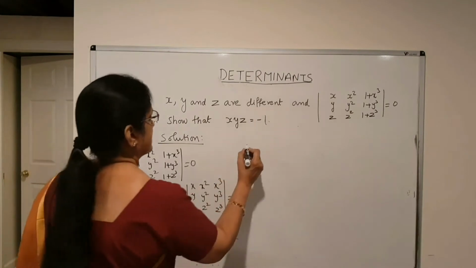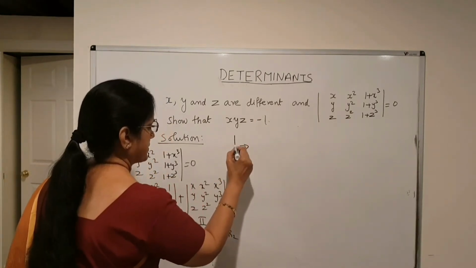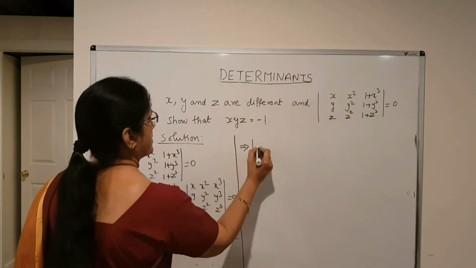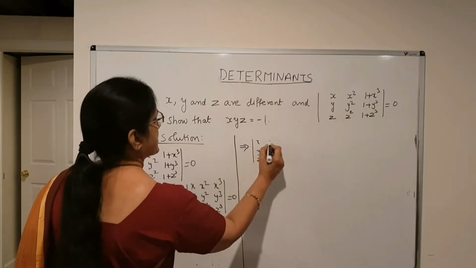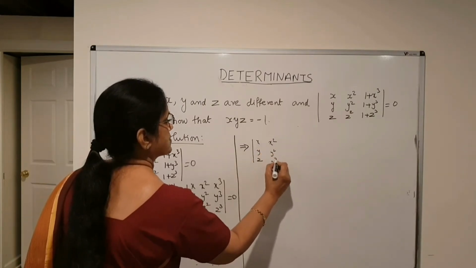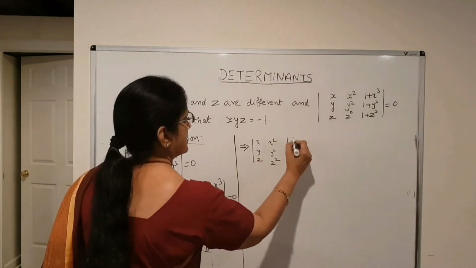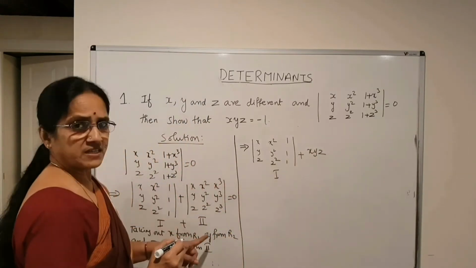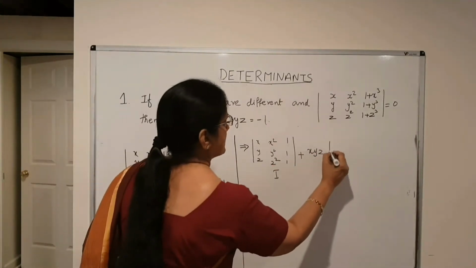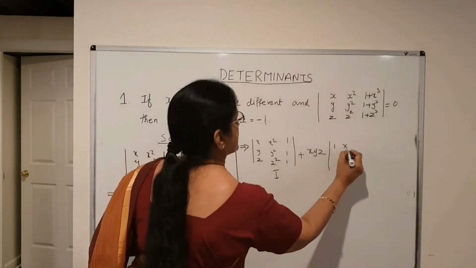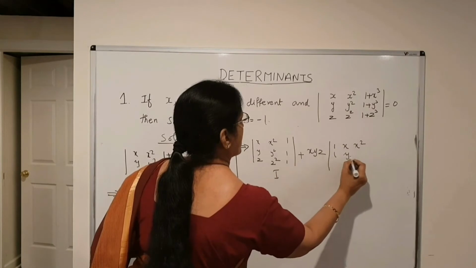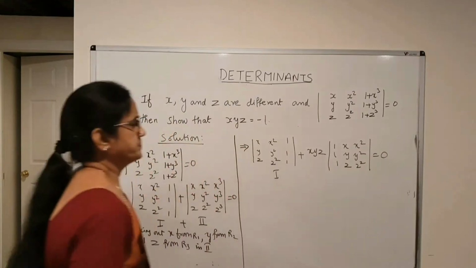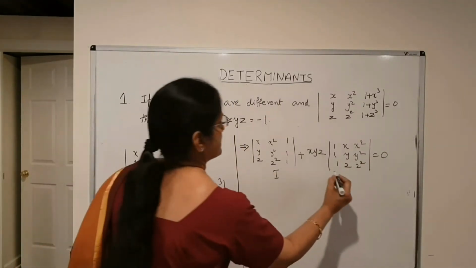So what will I be getting? The first determinant is |x, x square, 1; y, y square, 1; z, z square, 1| plus, since I am taking out x, y, z from the second determinant, I will be left with the determinant x y z times |1, x, x square; 1, y, y square; 1, z, z square| equals 0. Now, this is my second determinant actually.